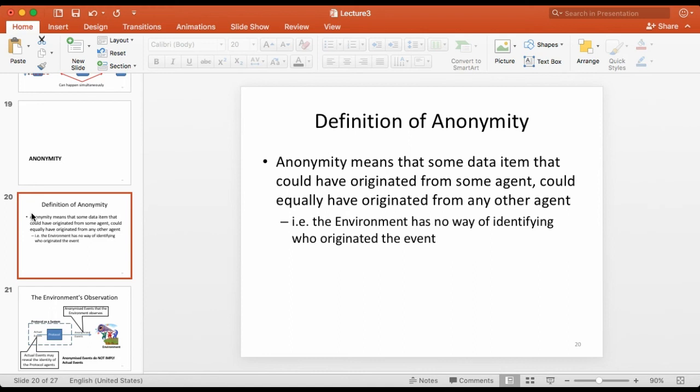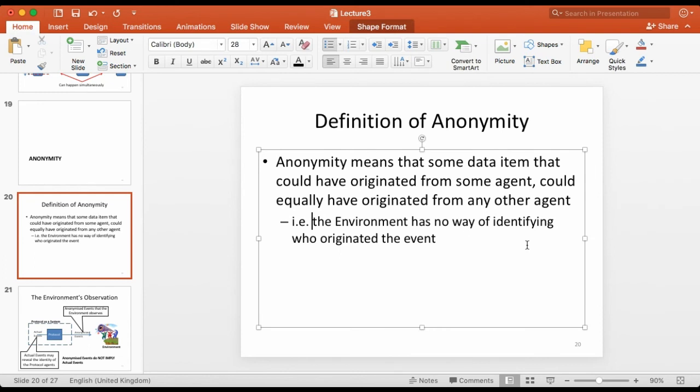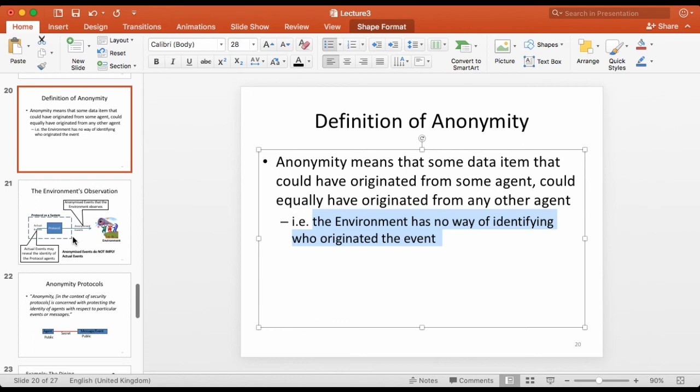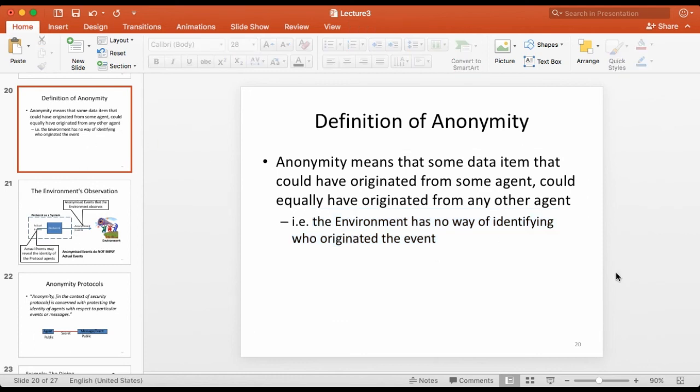In this case, that equates to the statement that the environment has no way of identifying who originated those events, and if the events are related to the identity of the participants, that identity remains anonymous all the way through until the end of the protocol.